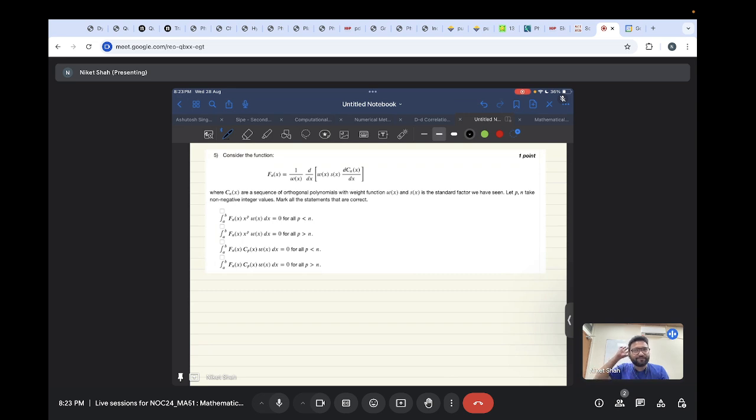This is not a complicated thing because we've already seen in the lectures that f_n(x) are indeed a sequence of polynomials of degree n.